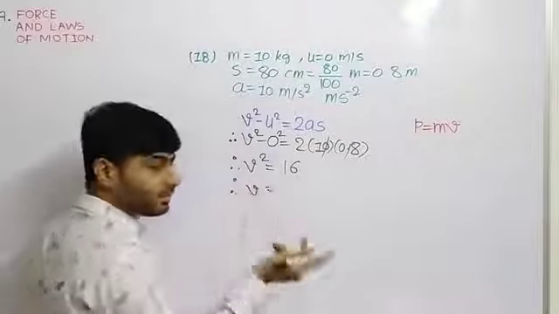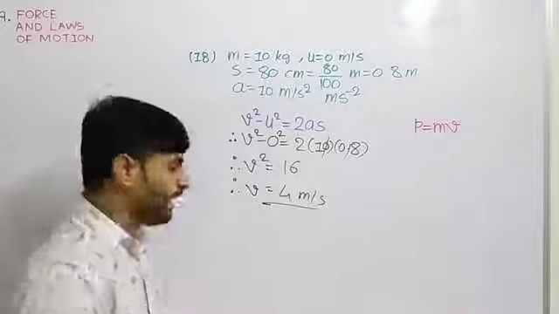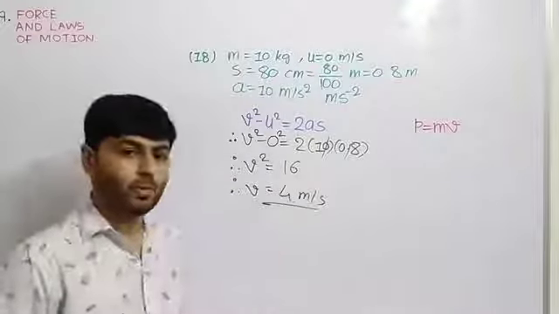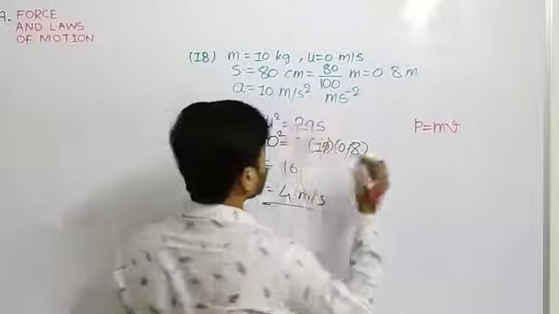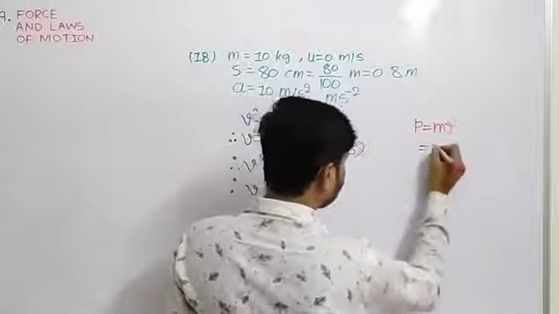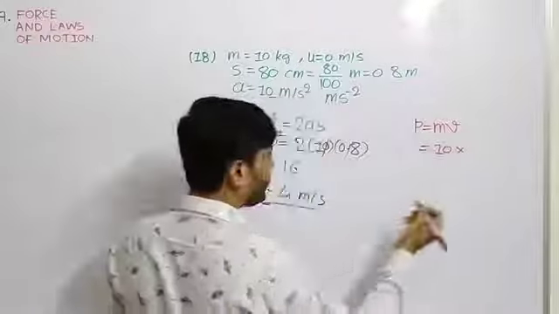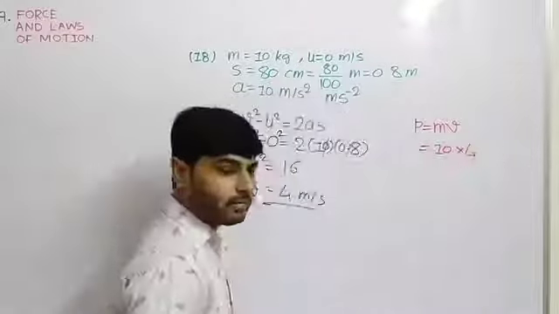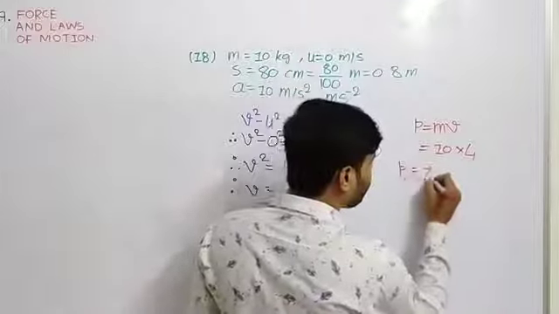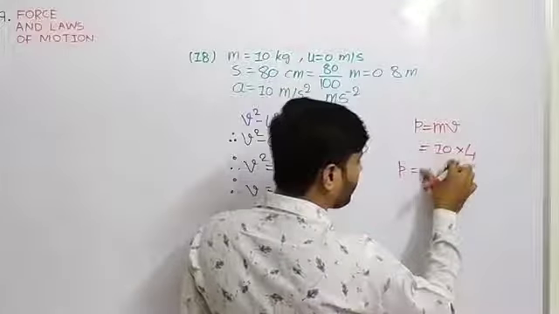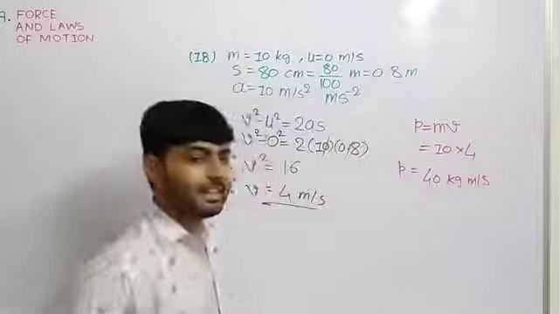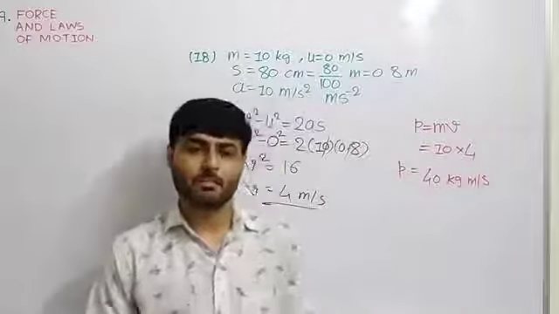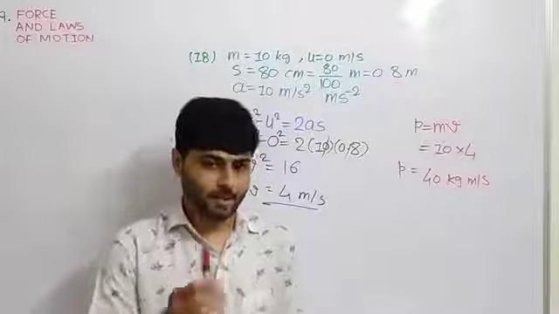Take the square root on both sides, so v is equal to 4 meter per second. Now we have v and mass, so put this data here. Mass is 10 kg multiplied by velocity 4. So p is equal to 40 kg meter per second as the momentum applied by the dumbbell.